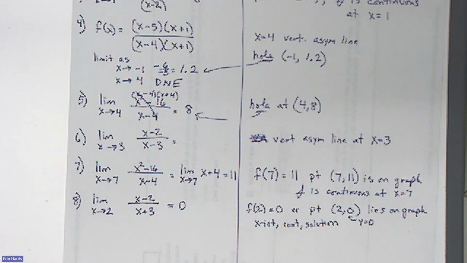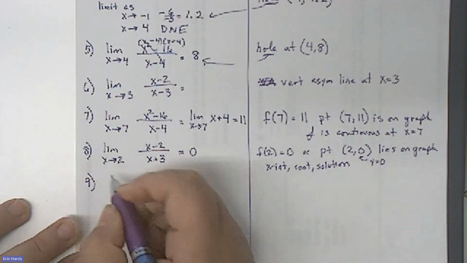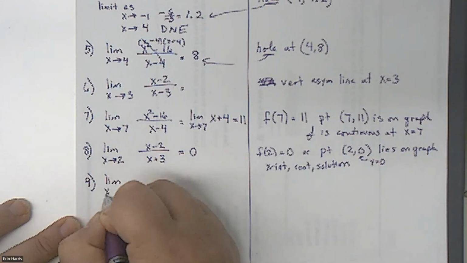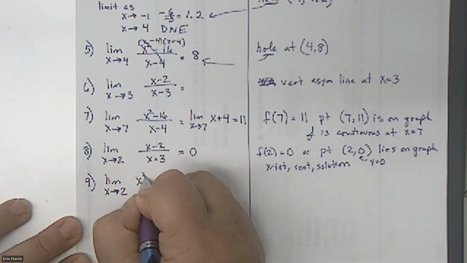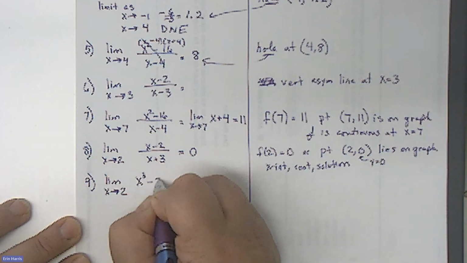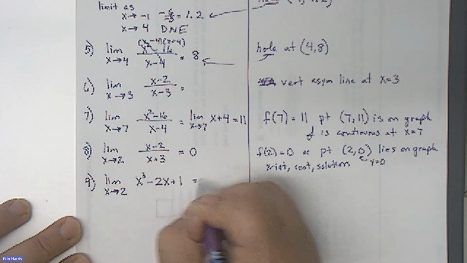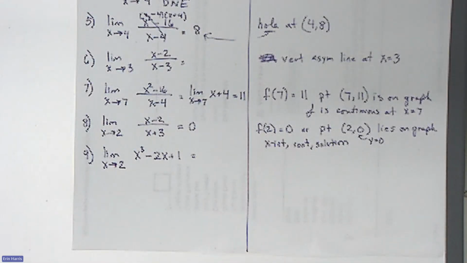Okay, so let's look at if I had a polynomial. As we said, if nothing interesting is happening in our function, say I give you something like x cubed minus 2x plus 1, and I ask you for that limit. It's a polynomial. Are there any holes in it, or asymptote lines?